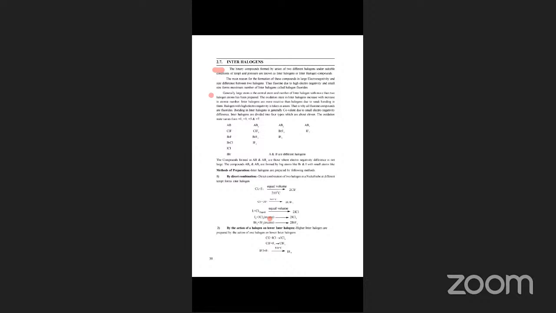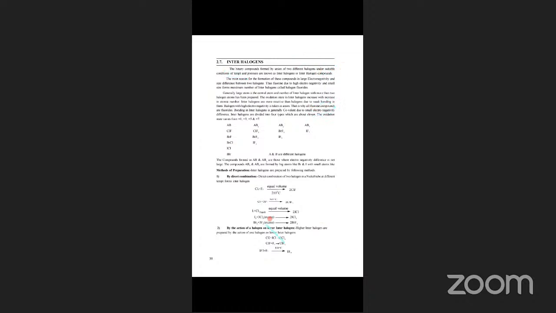In a group, from top to bottom, size increases and electronegativity decreases. So fluorine, chlorine, bromine, iodine: fluorine has high electronegativity and small size, while iodine has big size and less electronegativity.